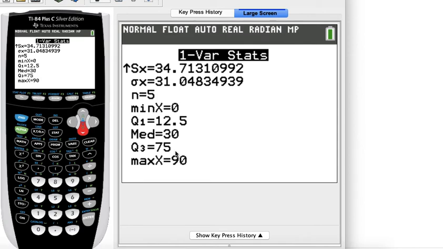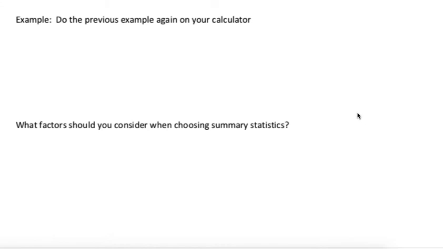If it is symmetric, we're going to want to use the mean and standard deviation. If it is not symmetric, so skewed or has outliers, we'll want to use our 5-number summary along with the interquartile range. And so we're able to calculate the 34.7 here, once again on our calculator.